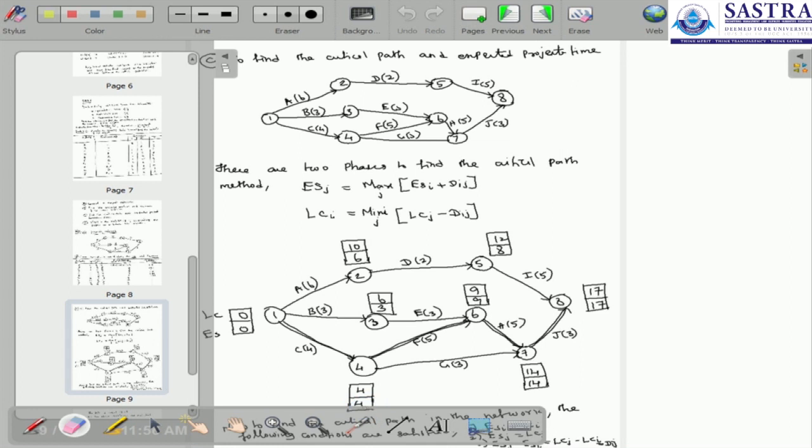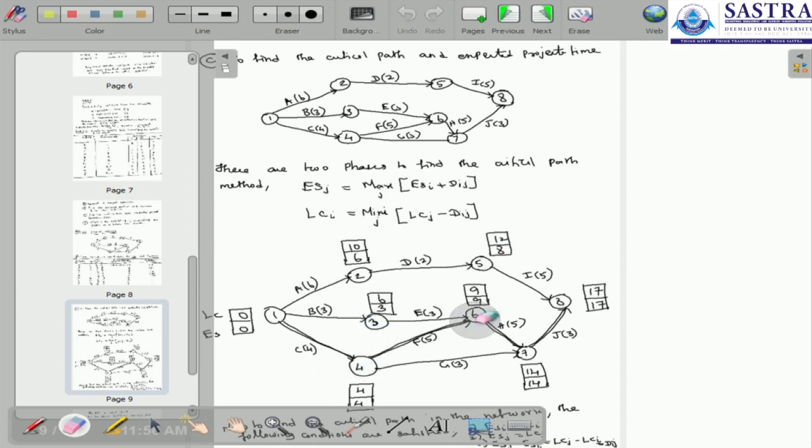For activity D, which is from node 2 to 5, the early start time is 6 plus 2, which is equal to 8, and the activity E starts from 3 to 6 and here 4 to 6.